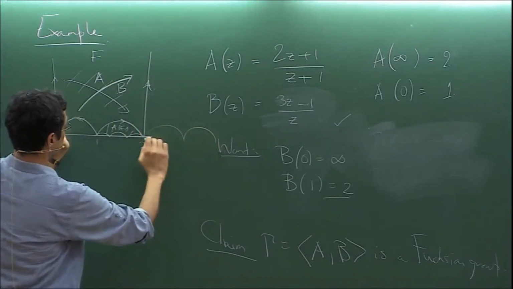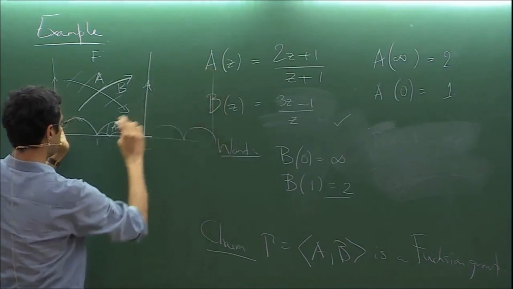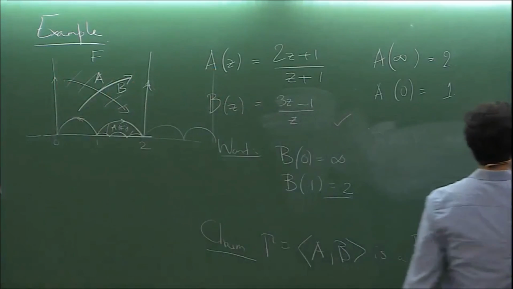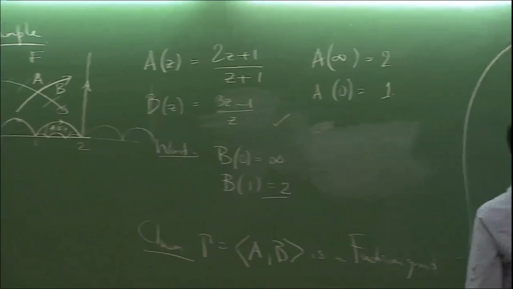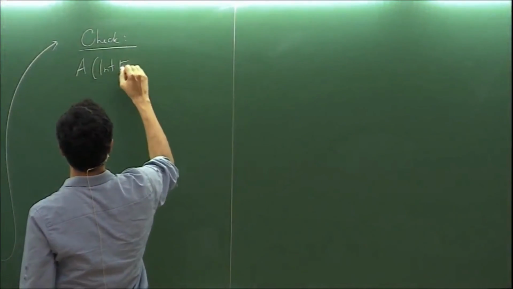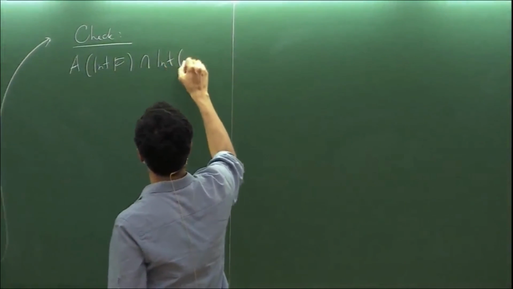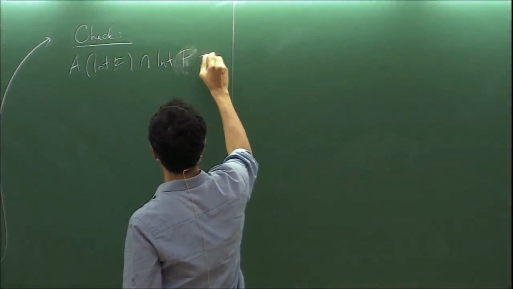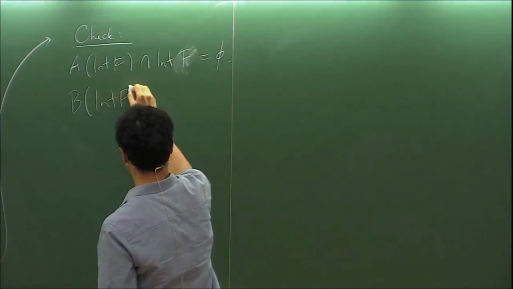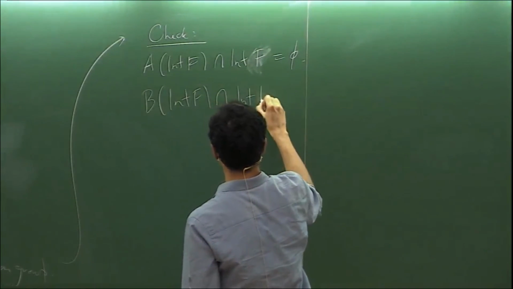So you need to check that A of interior of F intersected with interior of F is empty, and similarly B takes it disjoint to itself.